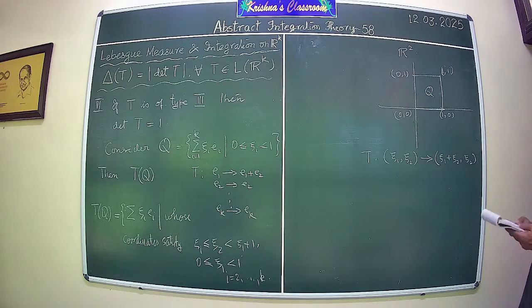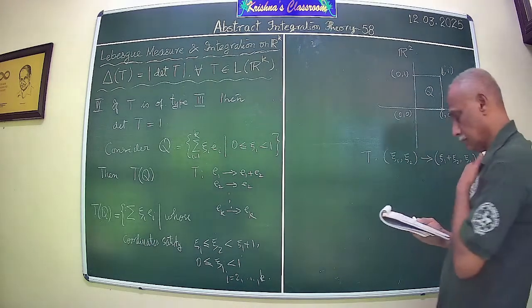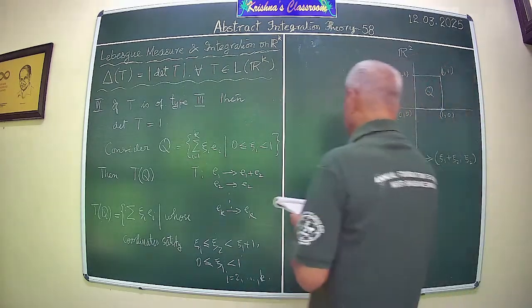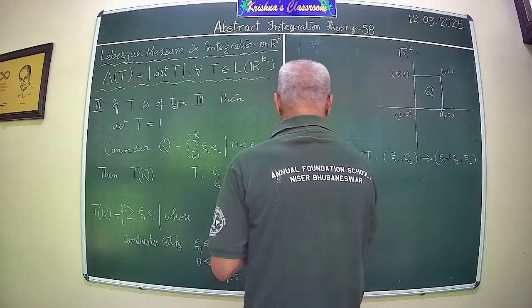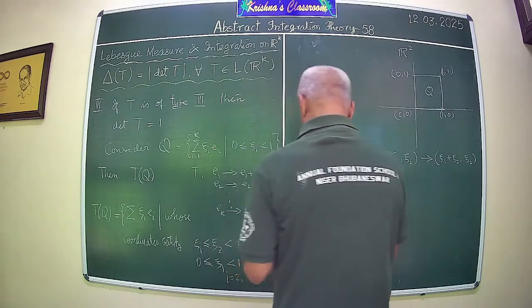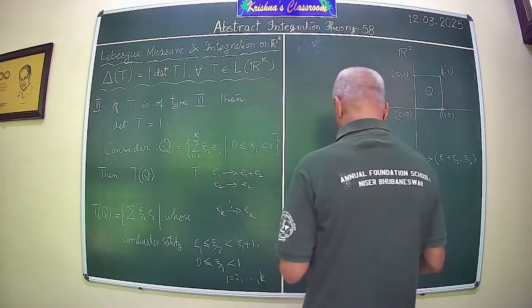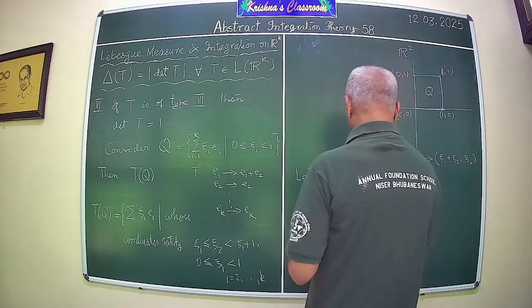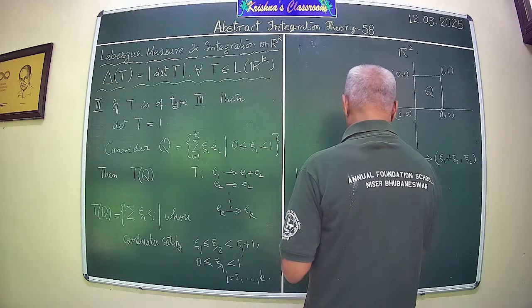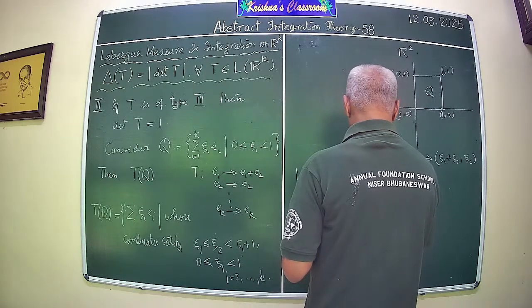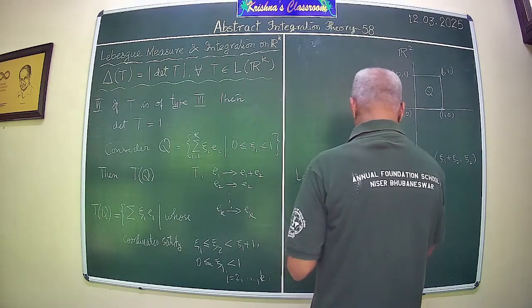What happens? Let S1 be the set of points in TQ such that the second coordinate is at most the first.